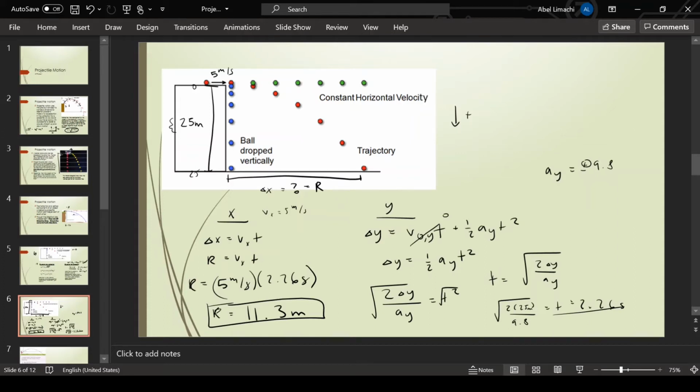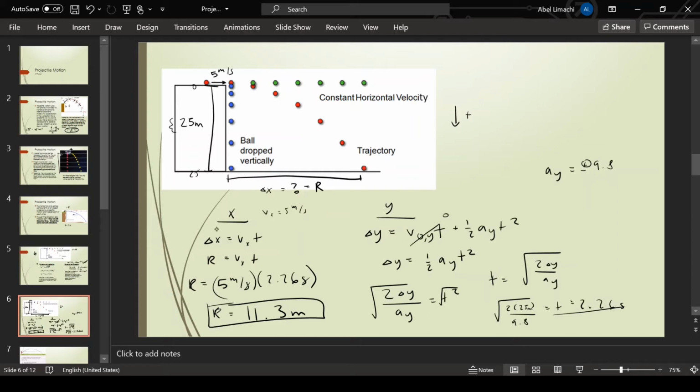So you see that even though we were looking for this value, we still included the y direction because we needed the time. We can't figure out the time it takes from go to here if we don't know how far it's traveled. But we can figure out the time it takes from here to here since we do know how far it's traveled. So you can plug in this t value from y into this x, and you can figure out how far it went.